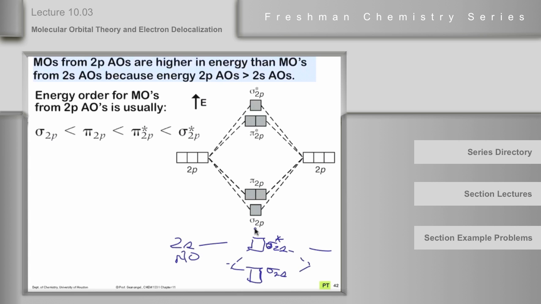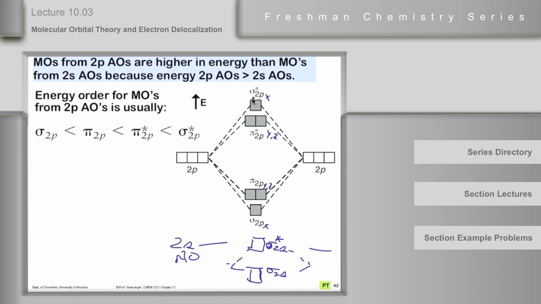And above this, then there's the sigma 2p, the 2 pi 2p's, the y and the z. This is x here, and this is y and z. And then the antibonding y and z, and the antibonding 2p sigma star 2px.